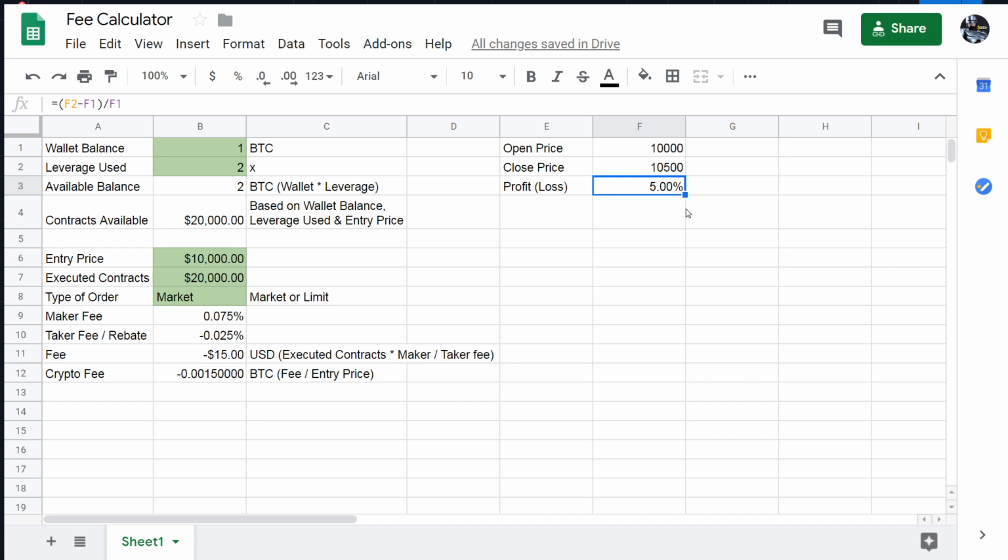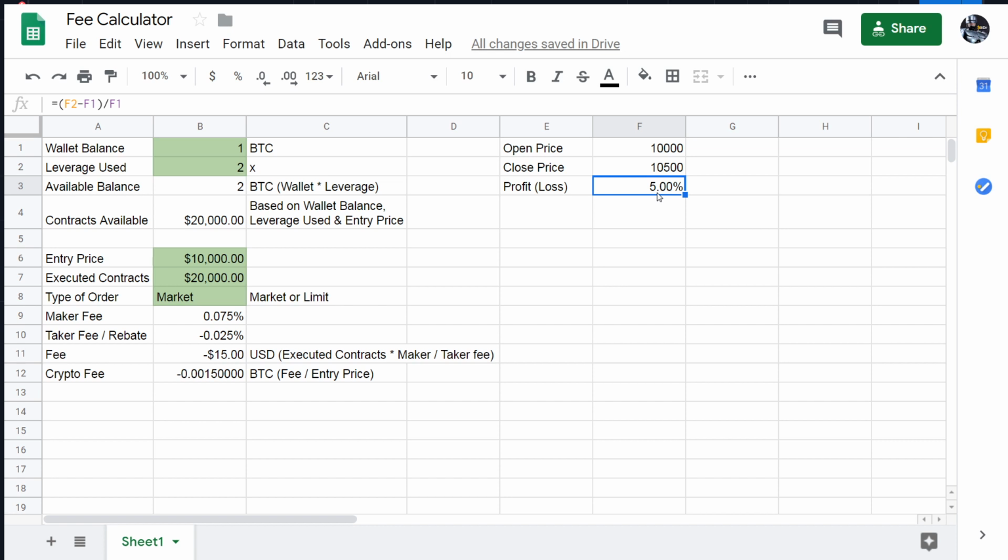And again, remember that when you're trading on Bitmex, although everything is based on US dollars, you are changing your Bitcoin balance, or in this case, your XBT balance. So a 5% profit is not just a 5% profit in US dollars, it's a 5% profit on your Bitcoin balance.